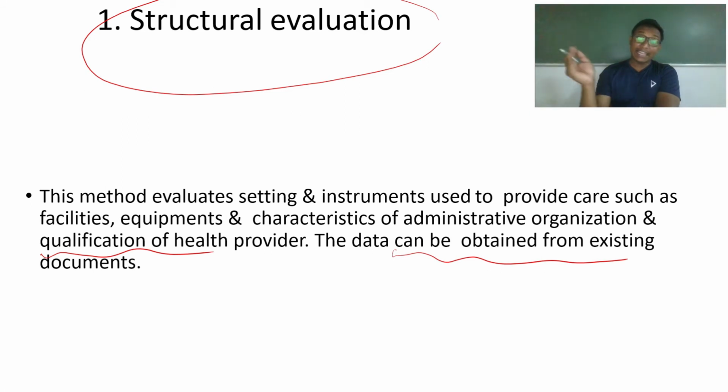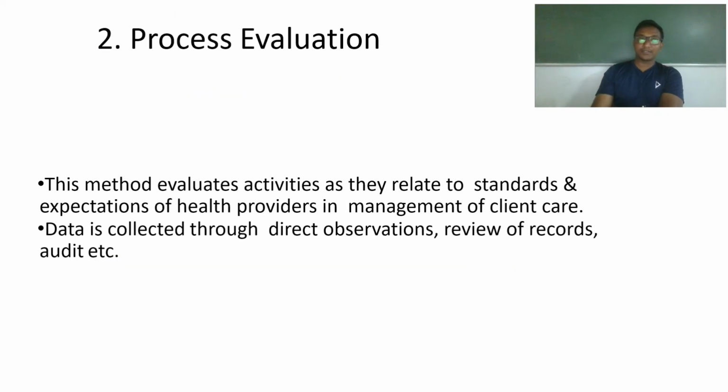We'll also see the instruments used in giving the care, whether all the instruments are present or not, and the qualification the person has, whether he is a fake person or a certified person. They will check all the data, taking it from the existing documents.